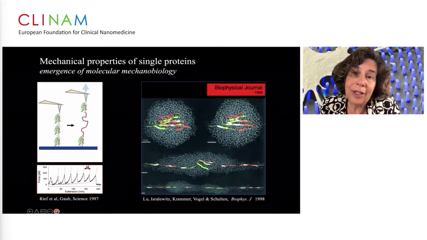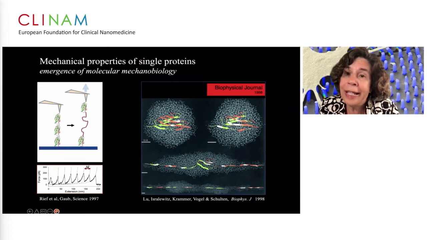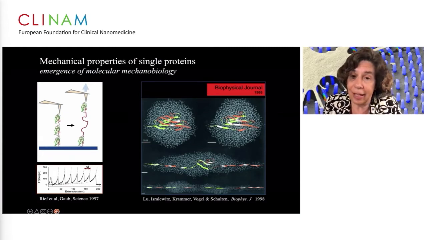And here you see the cover of the Biophysical Journal, and these were the first steered molecular dynamics simulations considering explicit water molecules and how they interact with the proteins as they are torn apart.